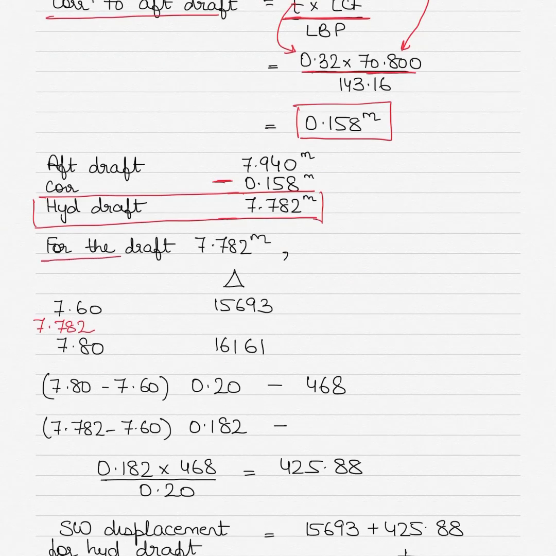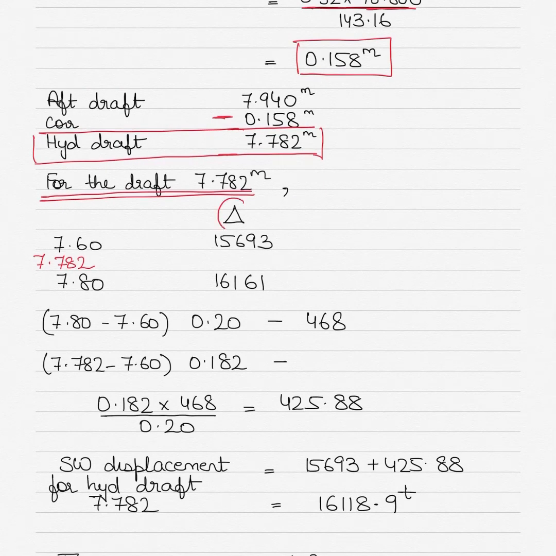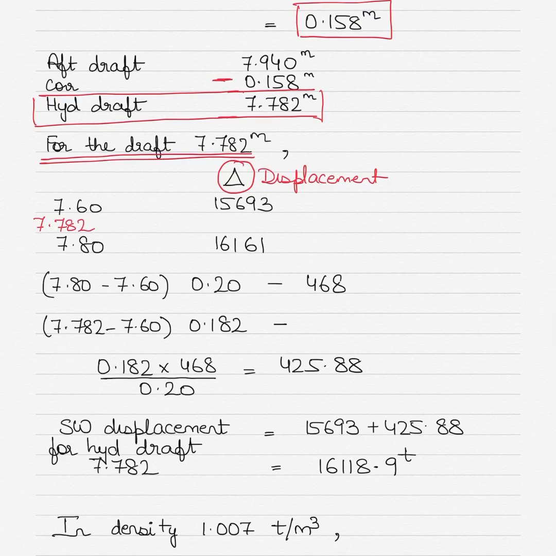Alright. Now we take this hydrostatic draft of 7.782 meters, go back into the hydrostatic tables and find out the displacement value. So this is the symbol for displacement. It's like a triangle shape. This is indicating displacement.